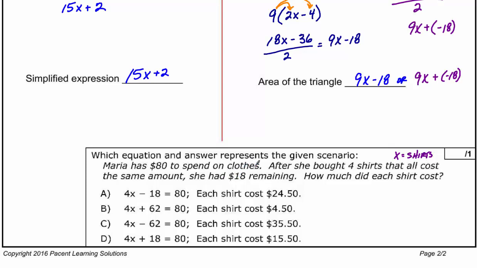How much did each shirt cost? So all these are the same, and she had $18 left over. D is our correct answer. D is the situation that shows buying 4 shirts, having 18 left, all of that totaling $80.